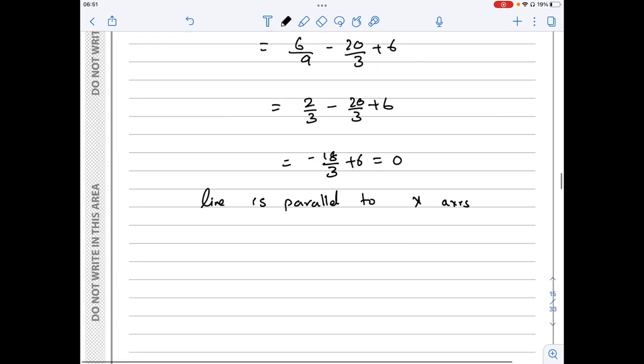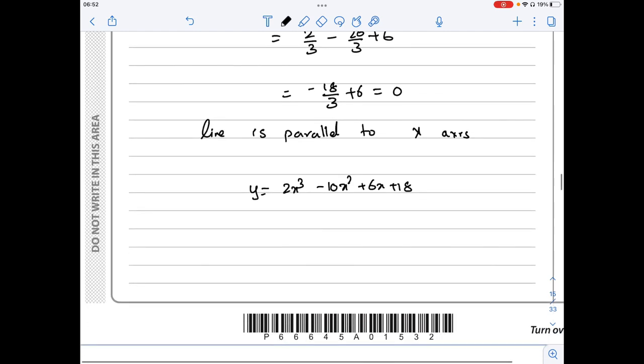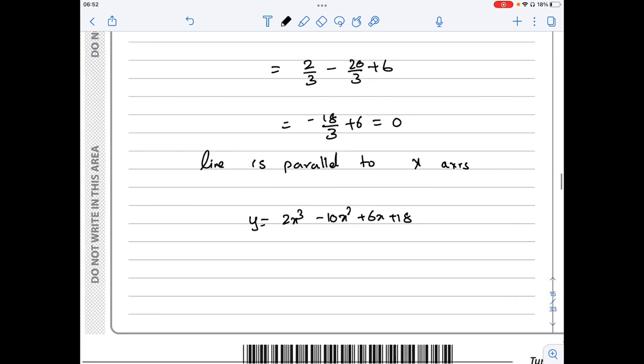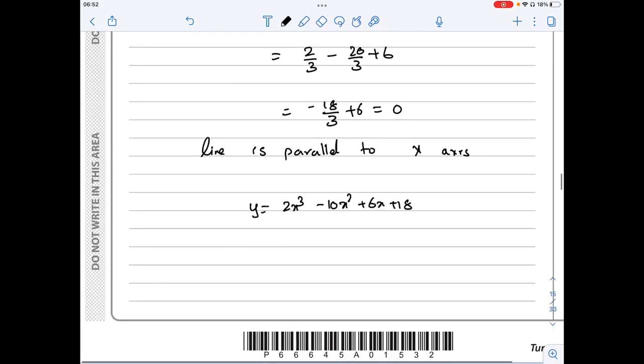What is the equation of the curve? We got it out. The equation of the curve was y equals 2x cube minus 10x square plus 6x plus 18. Now I want to find the equation of the tangent. We have x equals 1 upon 3, so find the value of y equals 2 times 1 upon 3 whole cube minus 10 times 1 upon 3 whole square plus 6 times 1 upon 3 plus 18.